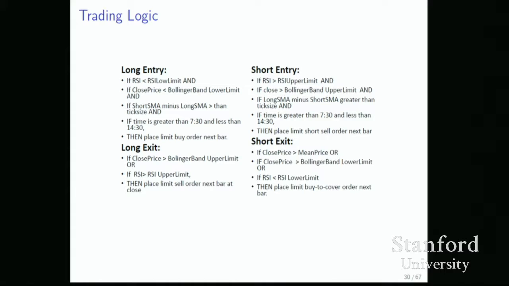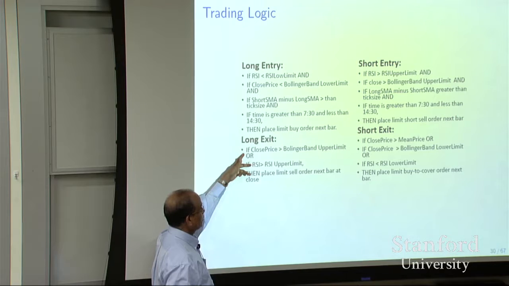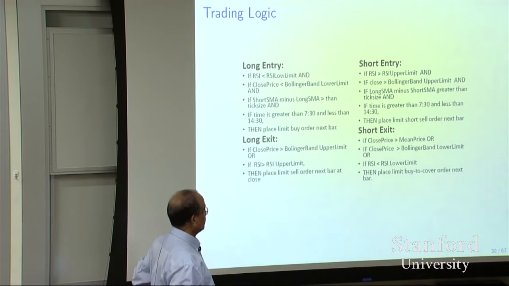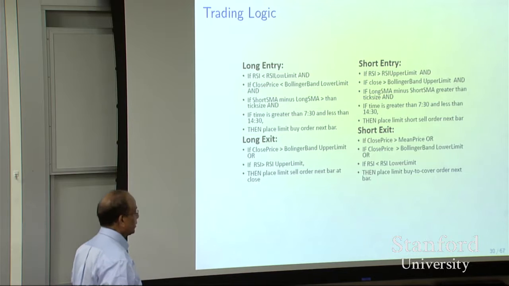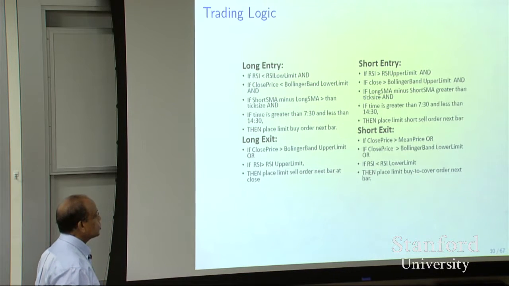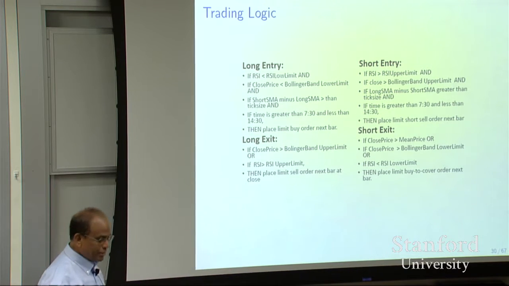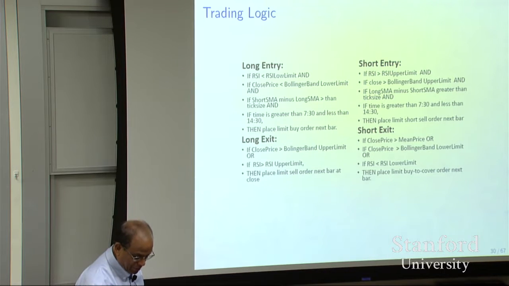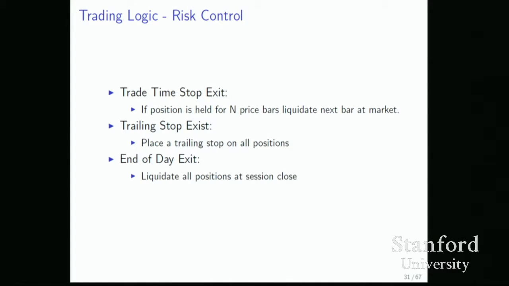Okay. So similarly you can see the long exit is that if any one of these two quantities are reaching the upper limit, then we are going to sell the order and then next bar and close. Okay. So this is the technique that we wanted to see how good it is. Okay.